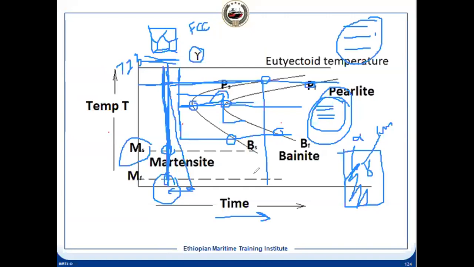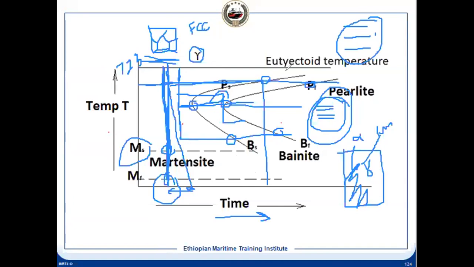But cast iron, Chief, okay, the cast iron doesn't have this temperature. Cast iron is also a steel.